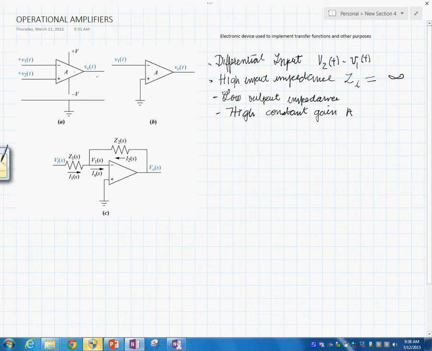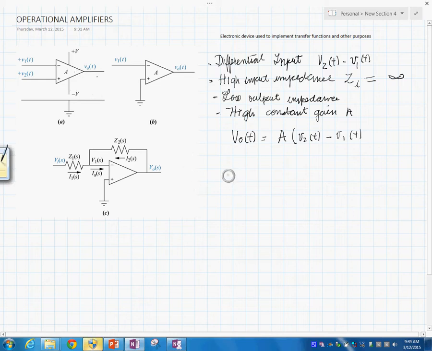What I think is important to realize is that the output voltage v out of t is going to be equal to the input voltage times this amplification factor, which would be v2 of t minus v1 of t, right? So this is how we define the output in here.